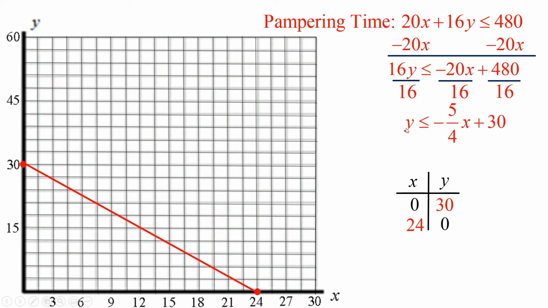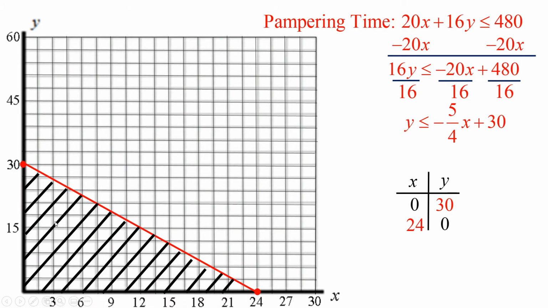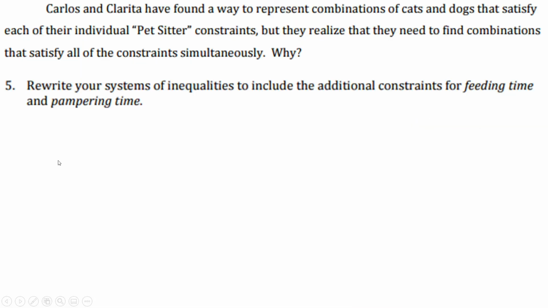All right, so here's my slope-intercept form right there. Note the y-intercept of 30, and I've got a slope of negative 5 over 4. All right, so the key here is y is less than or equal to that boundary line, meaning we shade below. Right on.